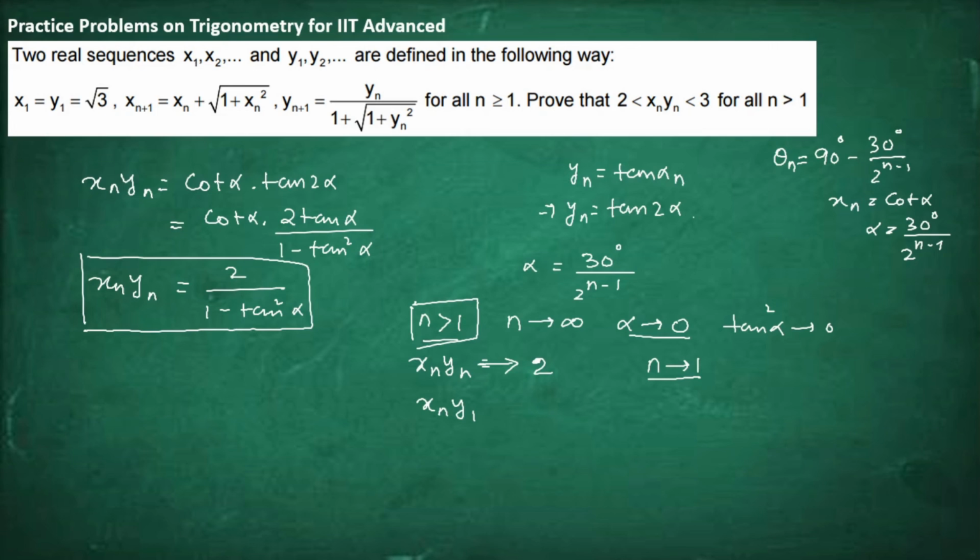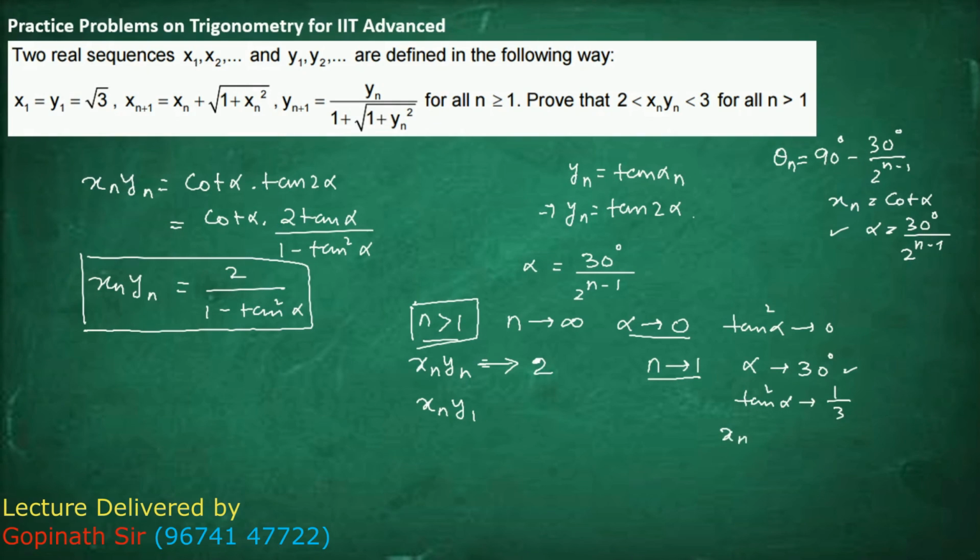If n approaches towards 1, think about it, your alpha is tending towards what? It's tending towards 30 degree. Yes or no? Tell me fast. If alpha is tending towards 30 degree, then your tan square alpha is tending towards 1/3.